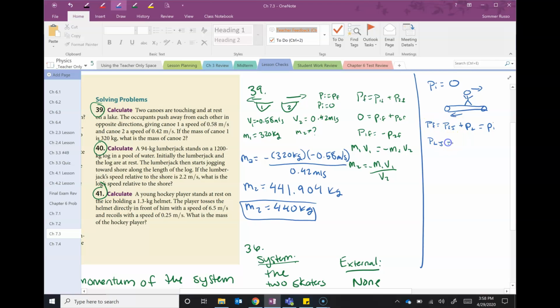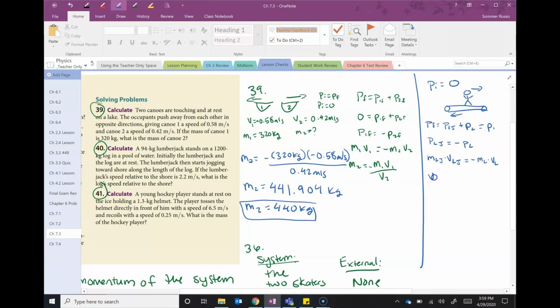Momentum of the lumberjack is equal to negative momentum of the log, just like we saw in the previous problem with the canoes. So we have the mass of the lumberjack times the velocity of the lumberjack is equal to negative mass of the log times the velocity of the log.